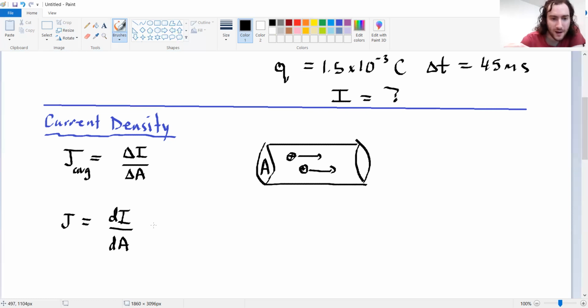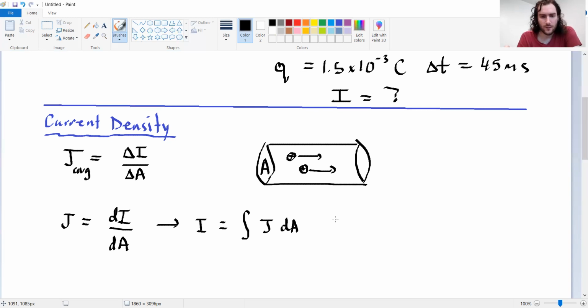And if we wanted to find the current from the current density, which sometimes we have to do, we would integrate the current density with respect to the cross-sectional area, okay?